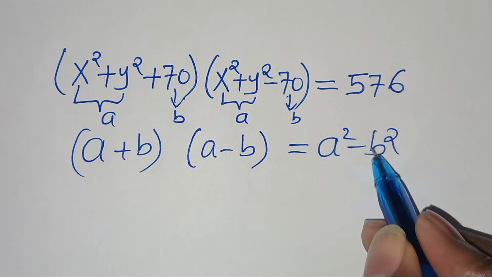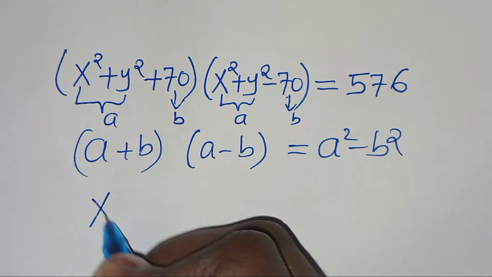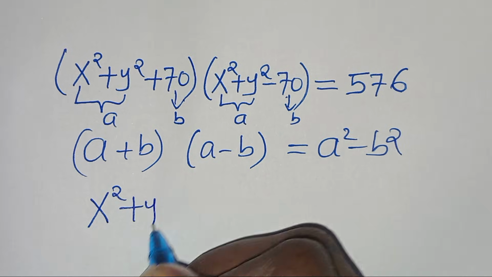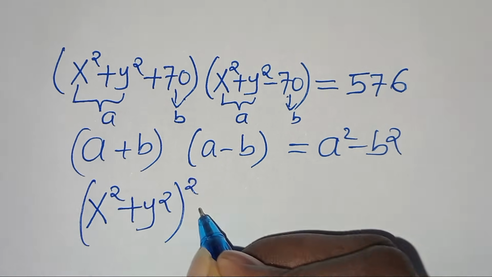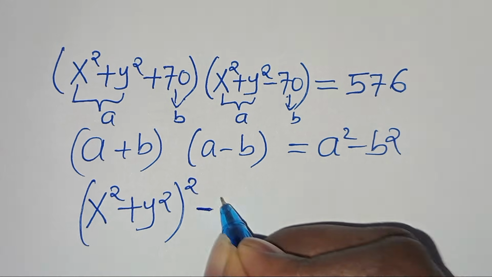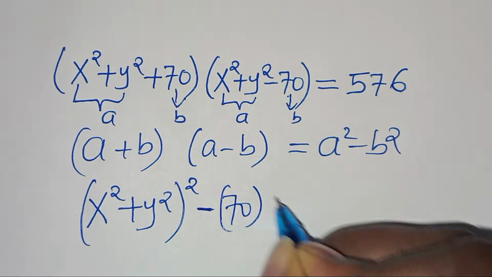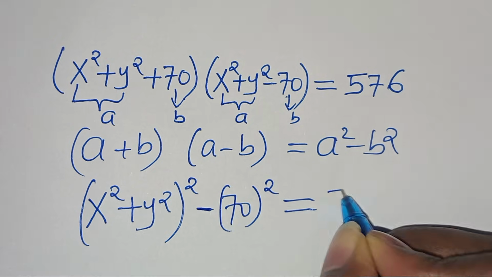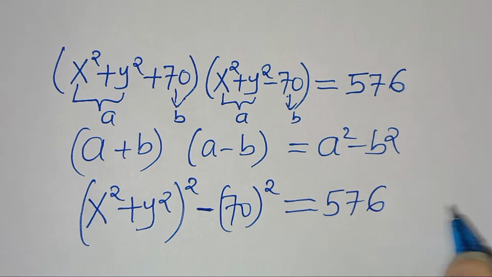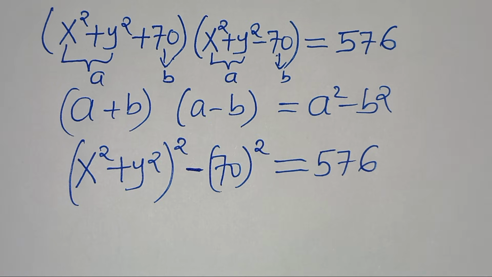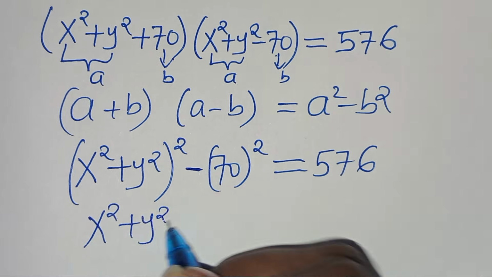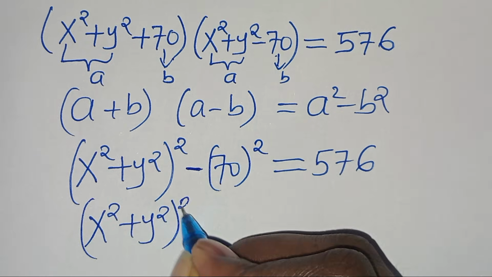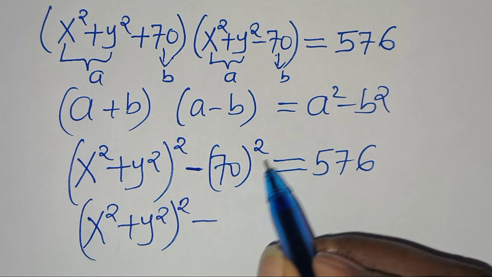So applying this property, then we have x squared plus y squared raised to the power of 2, then subtract 70 raised to the power of 2. This is equal to 576.